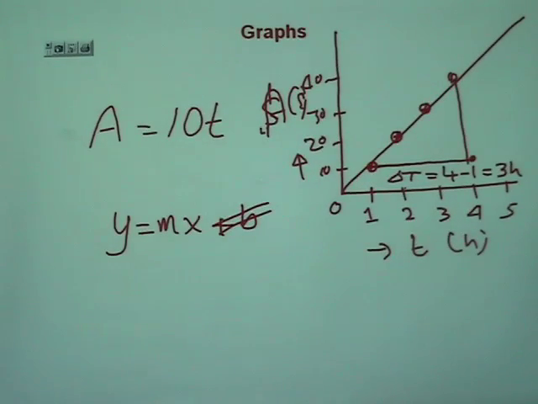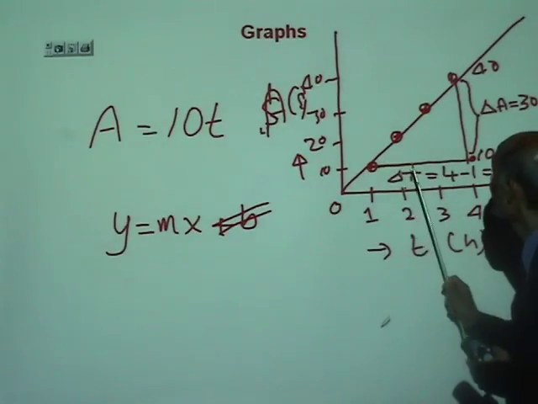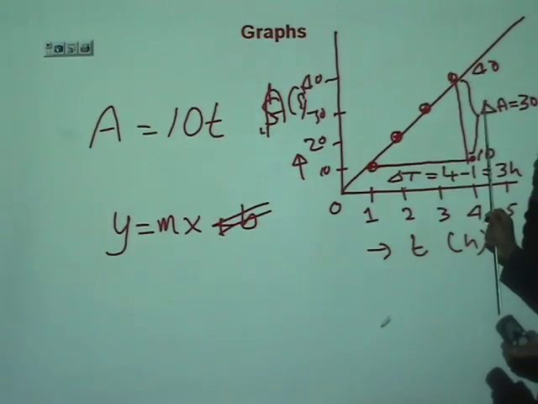Look at this. When you work for 1 hour, you only earn $10. When you work for 4 hours you earn $40. That means this is now the change in your earnings, delta A, which is 40 minus 10, $30. So when the amount of time you worked changed by 3 hours, how much did your earnings change?